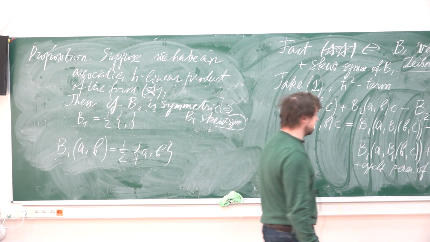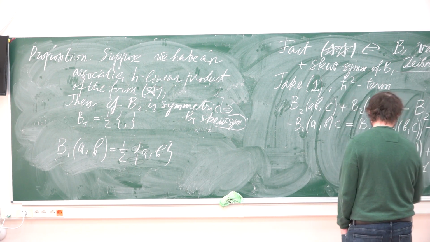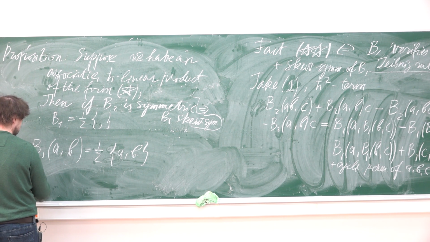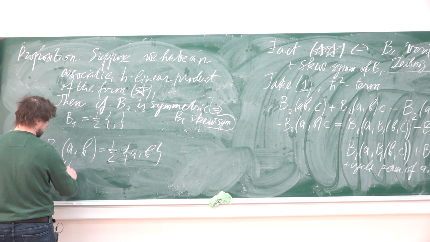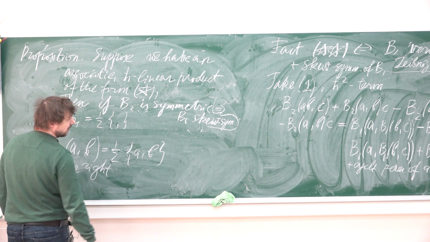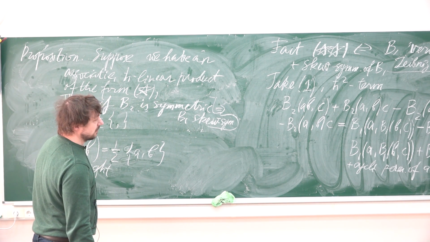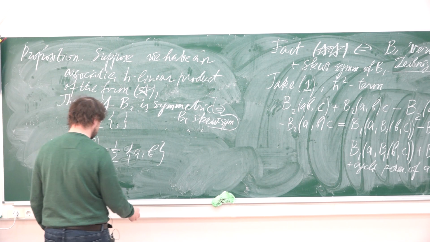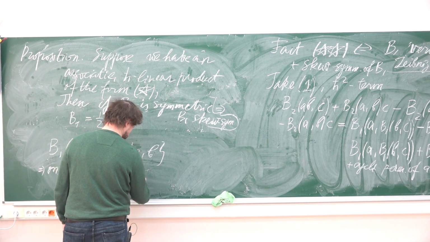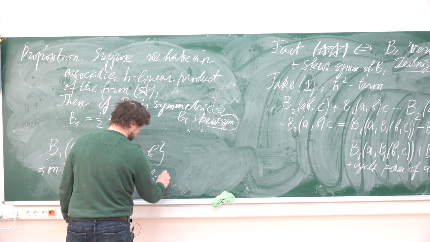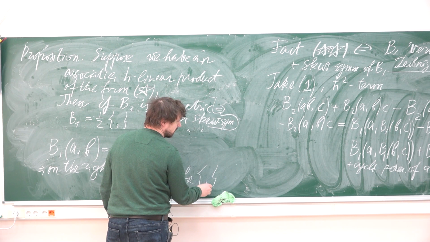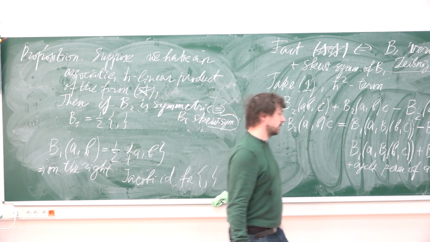And it's easy to see that on the right, after taking the cyclical permutation, we'll have precisely the expression for the Jacobi identity. That's what we have on the right.